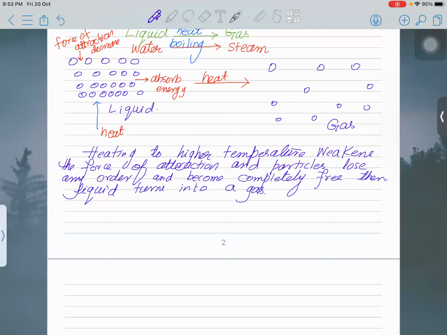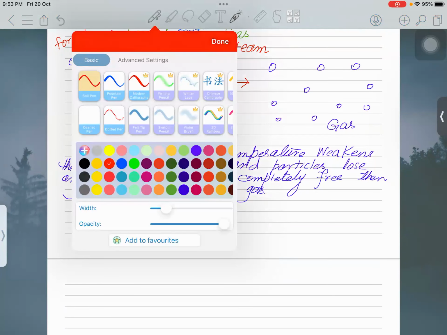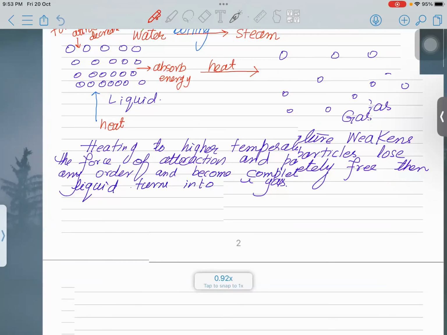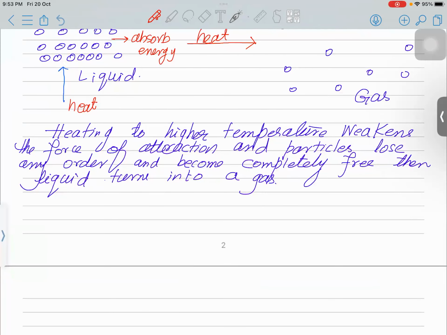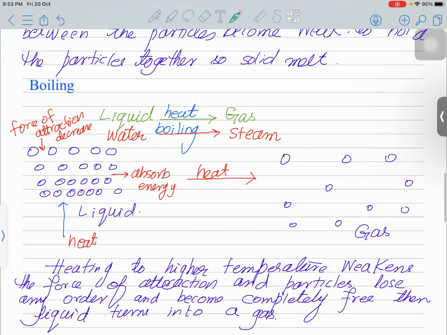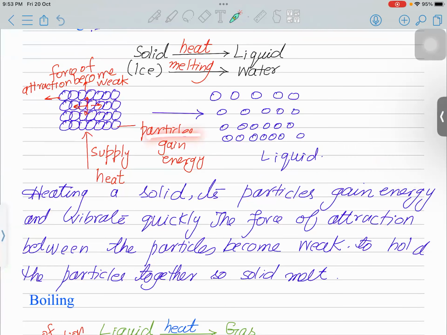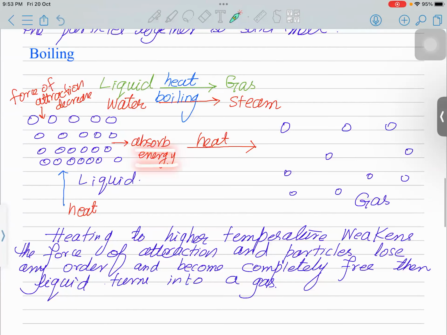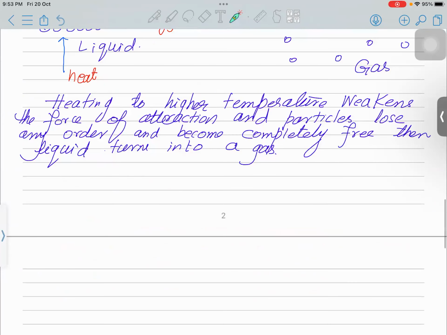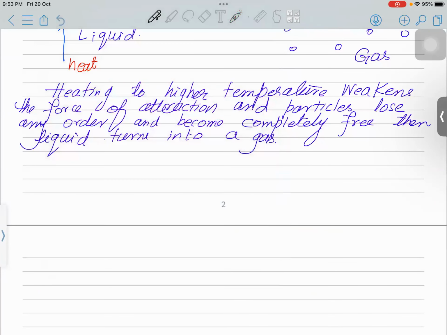So both are endothermic. अभी तो आपको बताया ना, दिस इज सॉलिड. सो पार्टिकल गेन एनर्जी, gain energy means endothermic. They absorb energy, endothermic. So very very important point.